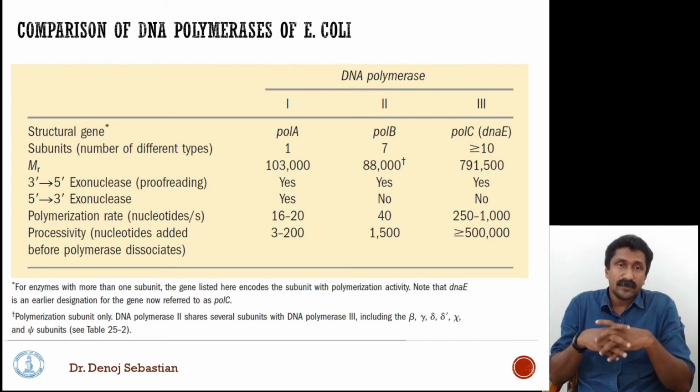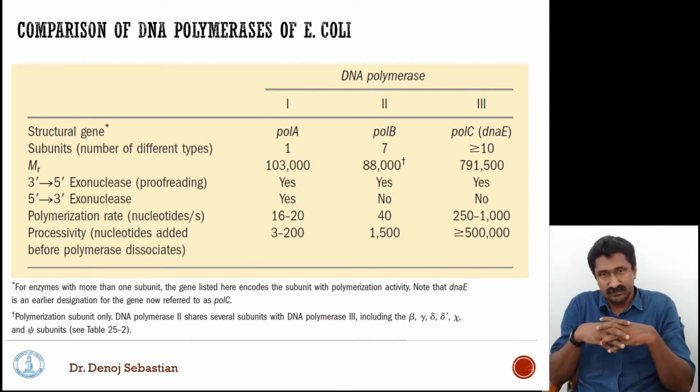And that's why these two properties, the high polymerization rate and processivity of DNA polymerase 3, make it the major polymerization enzyme in the prokaryotic system.